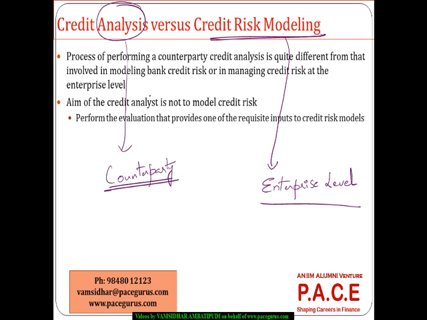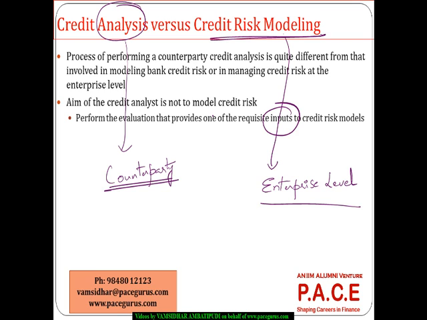So as a credit analyst, I am not doing any kind of modeling. I am evaluating one single counterparty, which could be an input into the building of the credit risk model, but I am doing only the evaluation of a particular obligor, or a particular credit instrument, or even a credit mitigant.